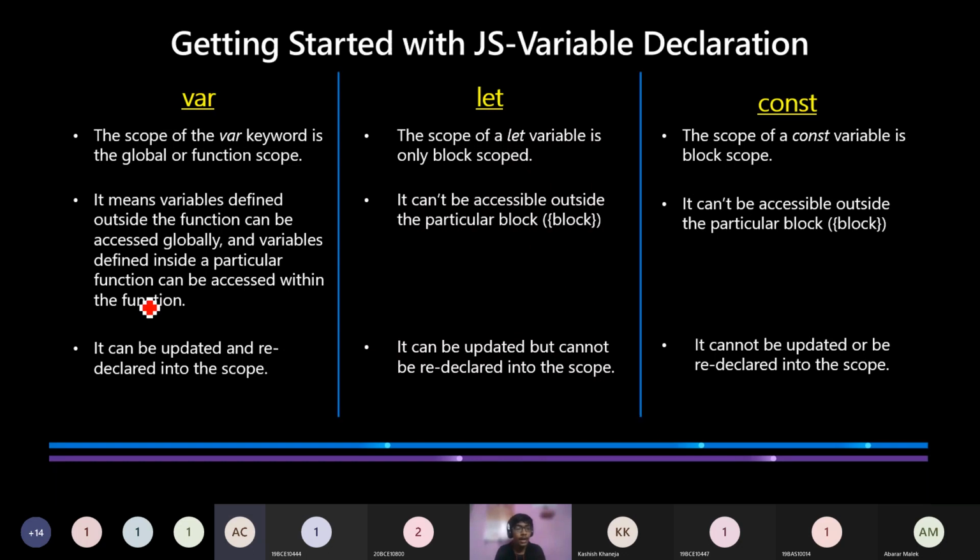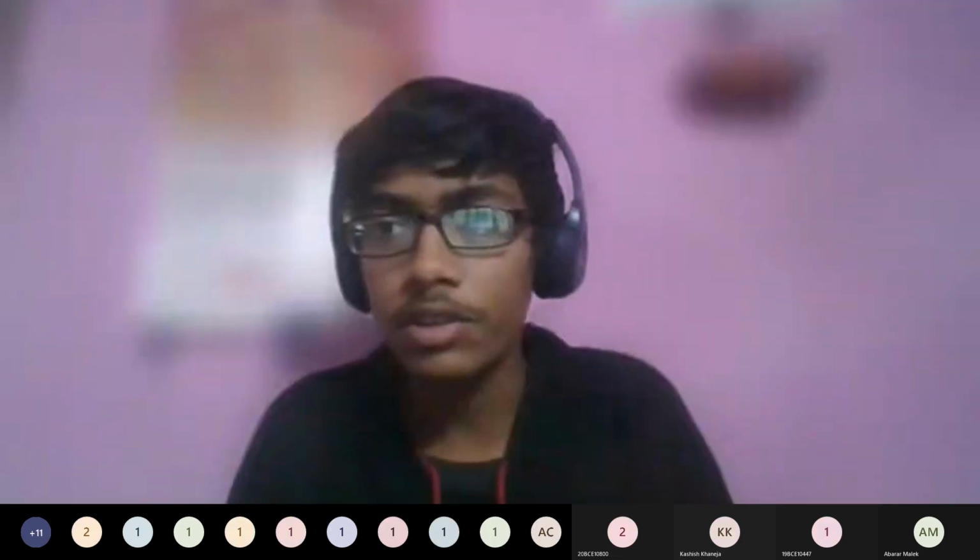Also, var can be updated and redeclared in the same scope. But this is not the case with let. If you have declared a variable inside a block, you cannot redeclare it in that block. And const is a little stricter. Neither does it allow updation nor redeclaration. Now, to better understand this, let's switch to a little demo first.